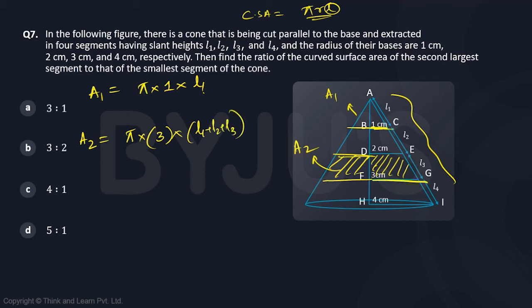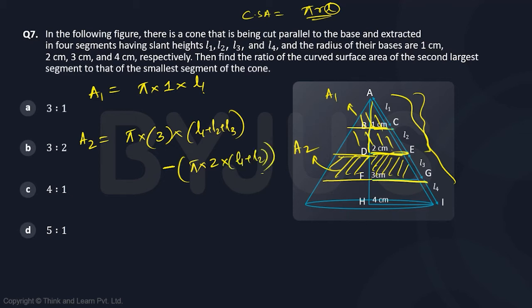But this will give me the full surface area, which I don't want. So I'll subtract what I don't want, which is the top two surface areas. So pi into this base 2 into L1 plus L2.